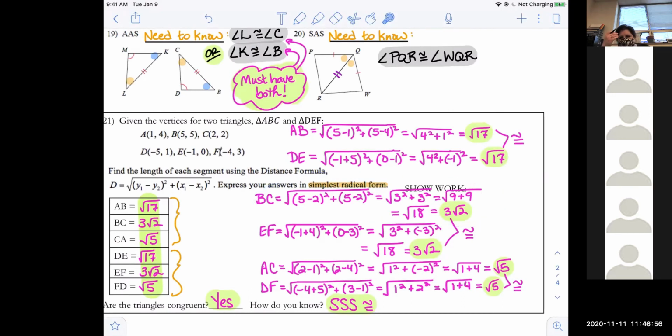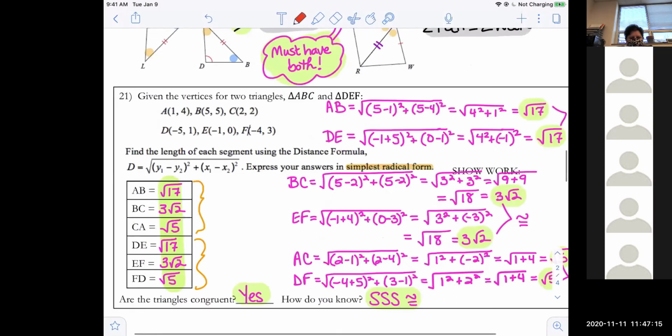How do you know the triangles are congruent? The triangles are congruent by side, side, side, because you just calculated all the side lengths. Does that make sense? Okay, so you've got triangle ABC, and you've got triangle DEF.